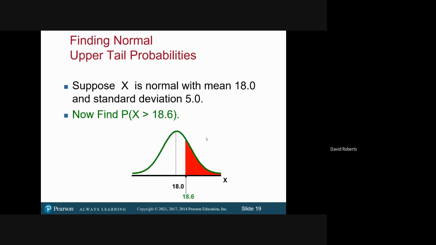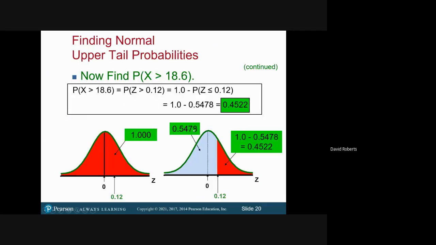So what you have to be careful about is, do you want to find the area below 18.6 or above 18.6? There are differences here. The area underneath the curve is obviously 1.